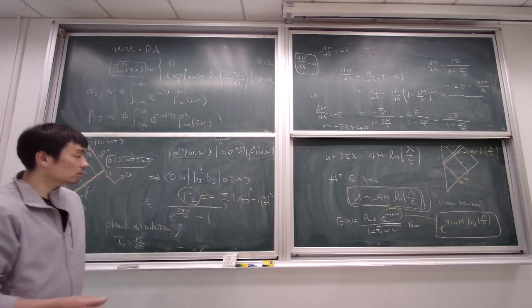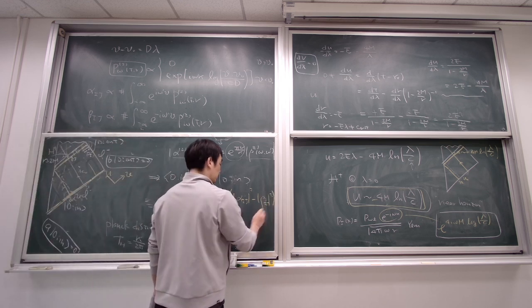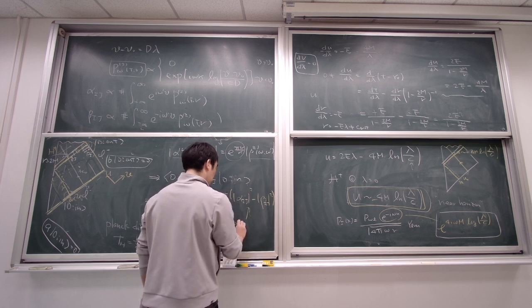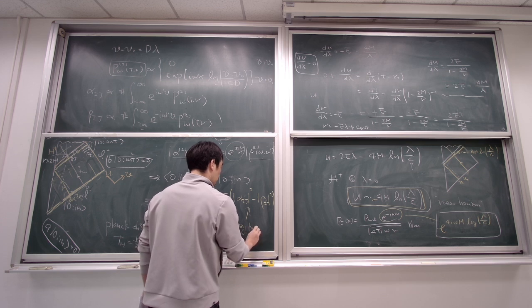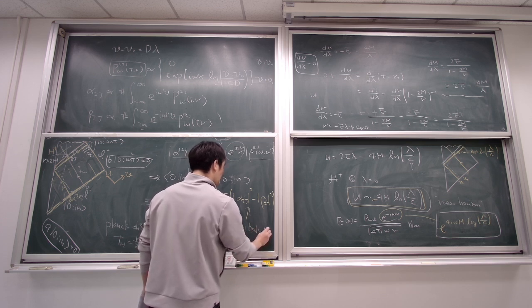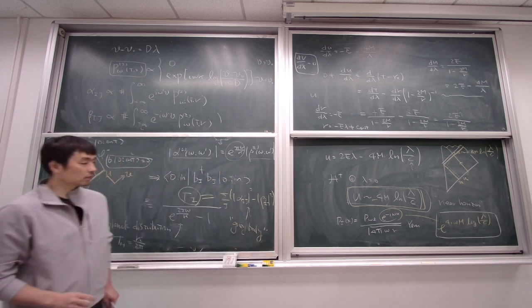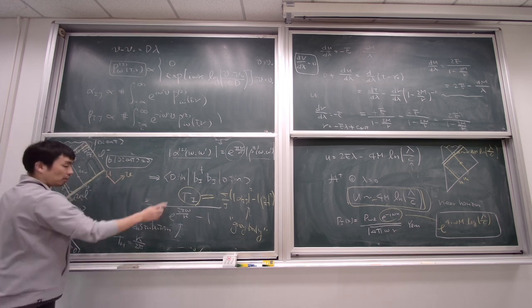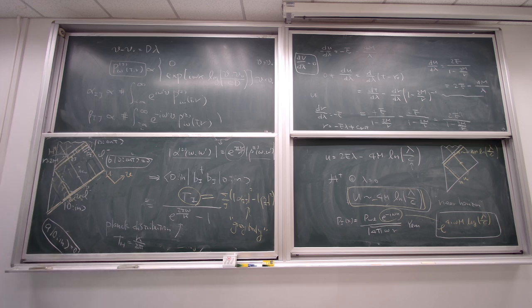So this is called a gray-body factor. It's not completely black, so somehow there's an effect. Amplitude will be affected by the gray-body factor, and so on. Okay, so that's the computation Hawking did.